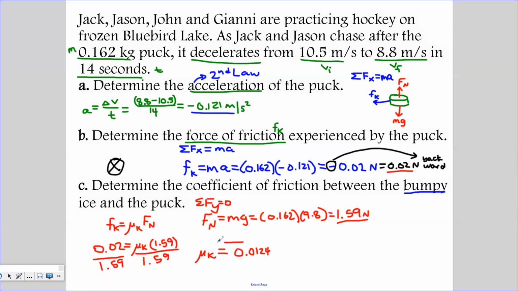So that's going to be our final answer here. That's our coefficient of friction between the puck and the ice. Notice it's very small, right? Only 1% of our force actually gets turned into friction, right? So the normal force is pretty large compared to the amount of friction, so it's a very small percentage.